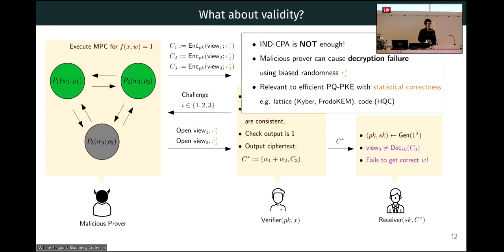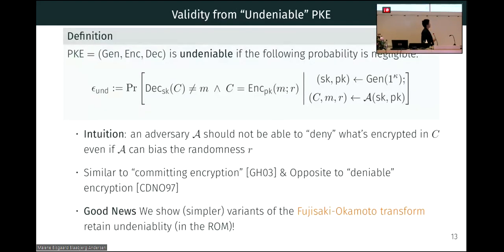So in order to retain validity, we assume some additional property, which we call undeniable public key encryption. It's relatively easy to understand. The adversary submits a tuple of ciphertext, message, and randomness, and we require that the adversary cannot come up with such a tuple that causes decryption failure, but where re-encryption of the message with the randomness leads to the ciphertext.